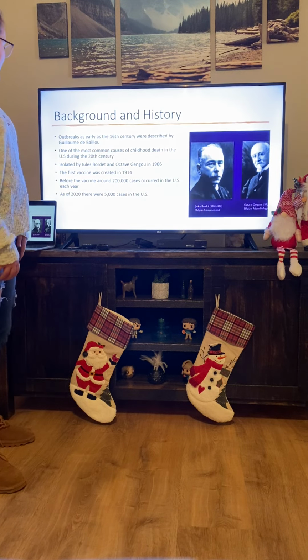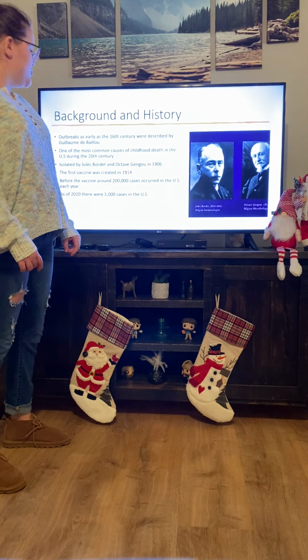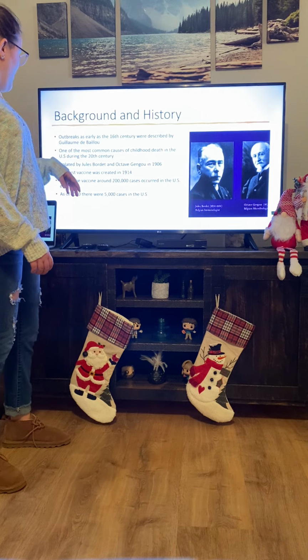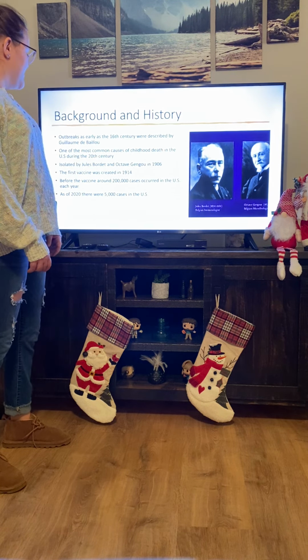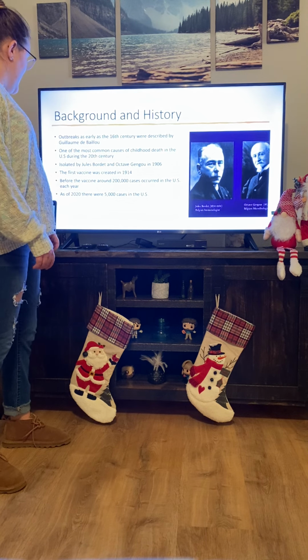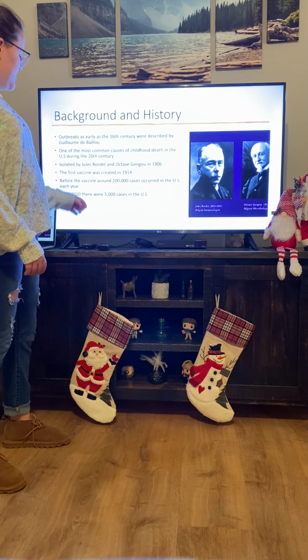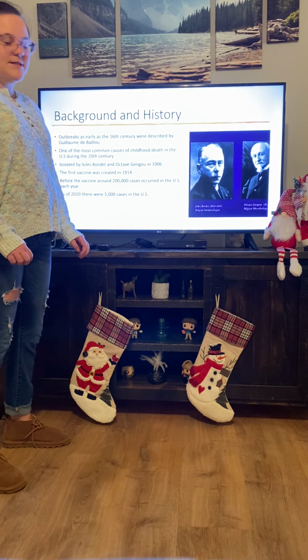Okay, so some background history. Outbreaks happened as early as the 16th century and were described by Guillaume de Baillou. It was one of the most common causes of childhood death in the U.S. during the 20th century. It was isolated by Jules Bordet and Octave Gengou in 1906. The first vaccine was invented in 1914.